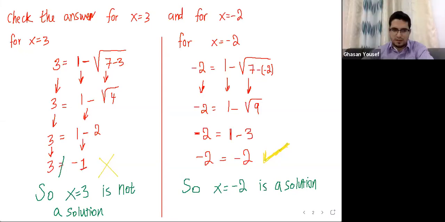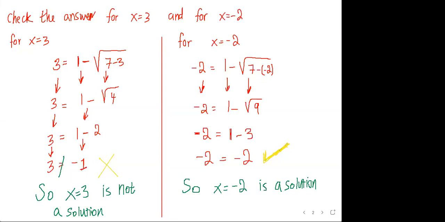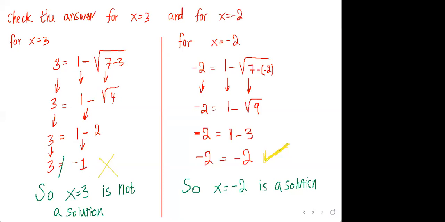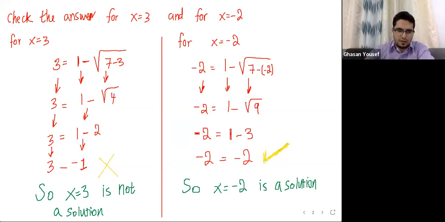Something like this? Yeah, this means not equal. Okay, thank you. You see something like this? This is not equal. Here equal, but this is not equal.